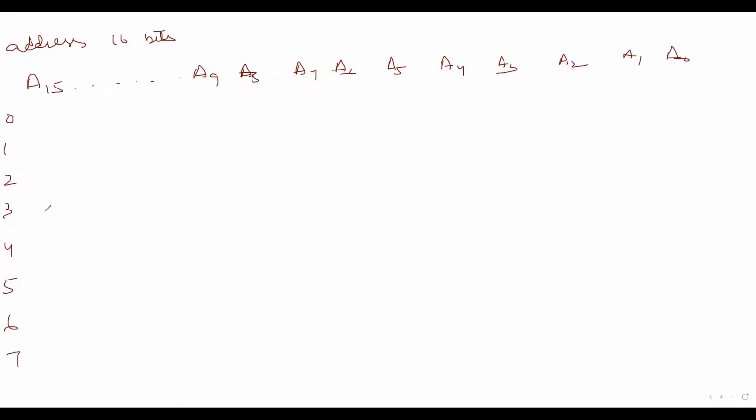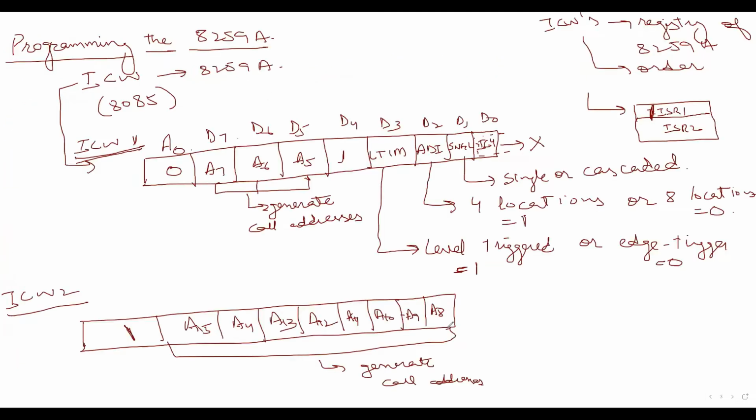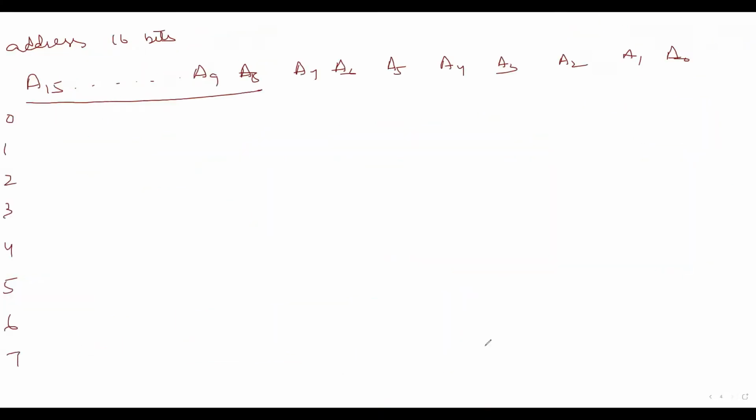For 8 interrupts, for every interrupt there will be a call address. For interrupt 0, the call address is generated like this. The first 8 bits, A8 to A15, are taken from ICW2.